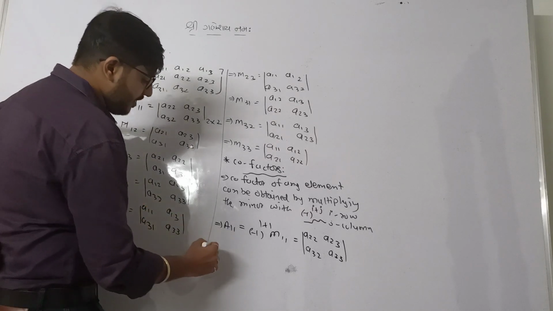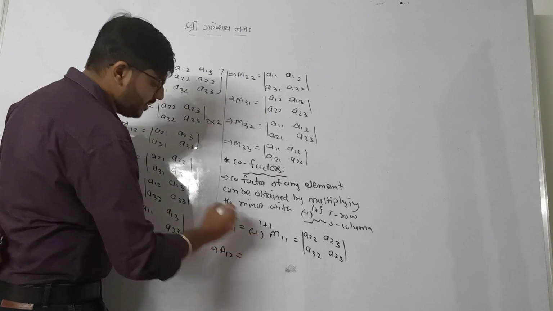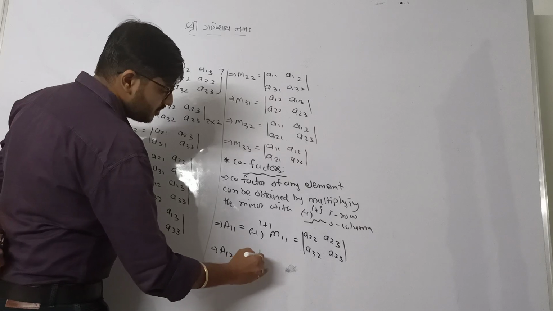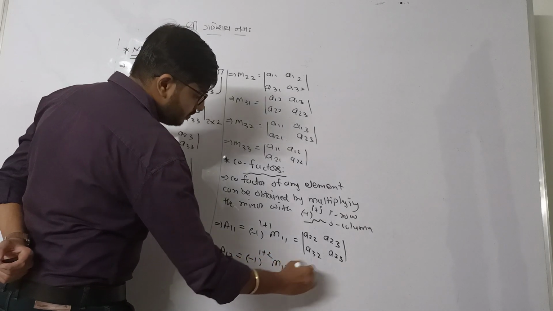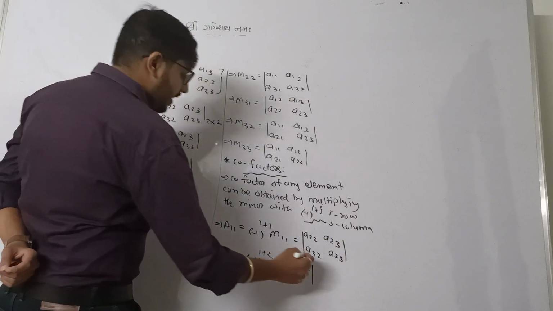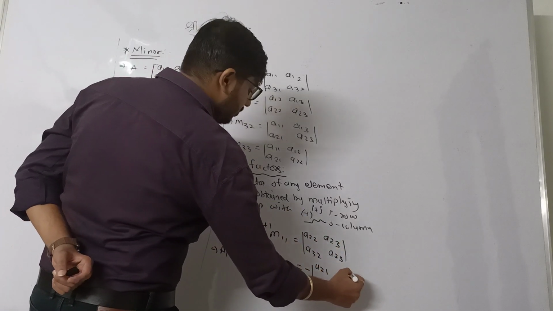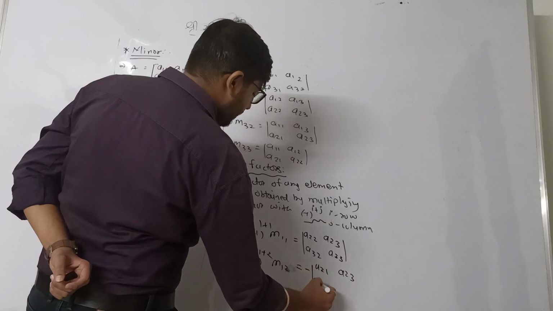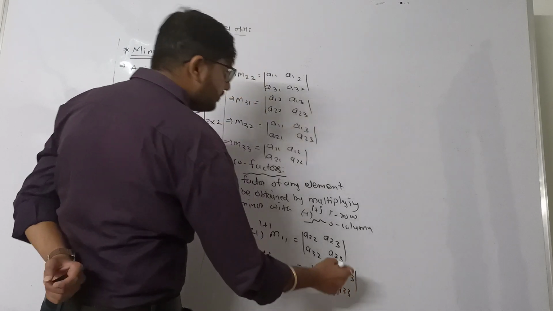Okay. So similarly, if I want to write down A12, so what will be A12? It is minus 1 raised to 1 plus 2 with M12. So minus 1 raised to 3, that is minus of A21, A23, A31 and A33.